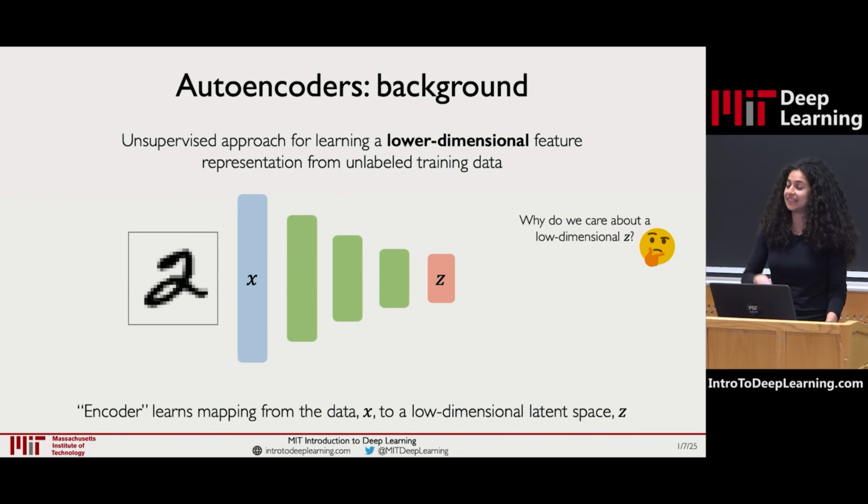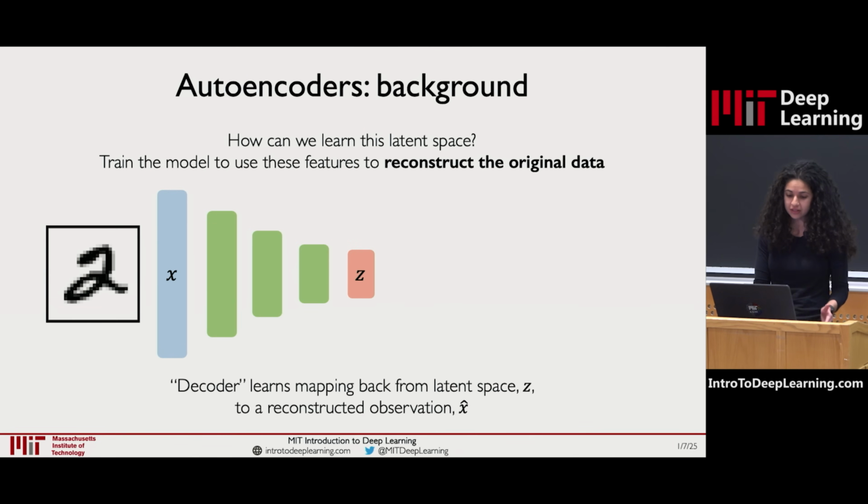So the idea is, instead of using labels that are pre-specified by us as humans, we can use the data itself as a signal to learn these features in an unsupervised way. The way we can do that is by not assuming any labels for what these features are.